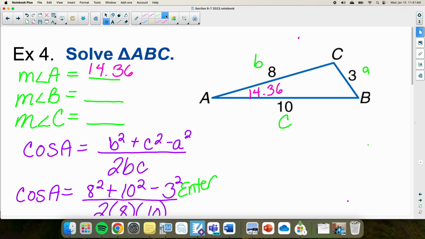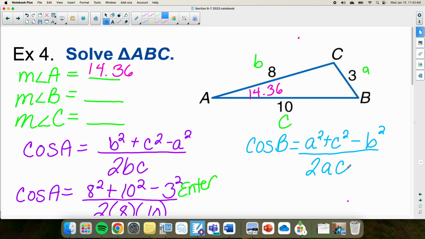Do I find C that's across from 10 or B that's across from 8? B. So I'm gonna go cosine of B equals, and it's always the other two sides squared added together, minus B squared, divided by 2, and then it's always these two multiplied.